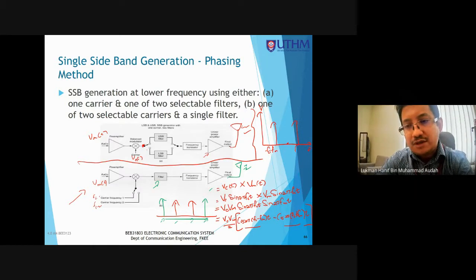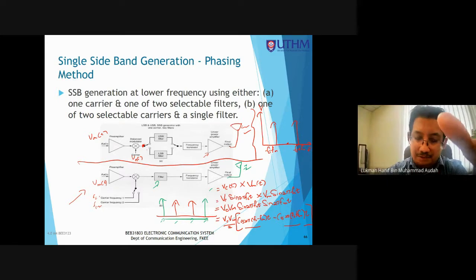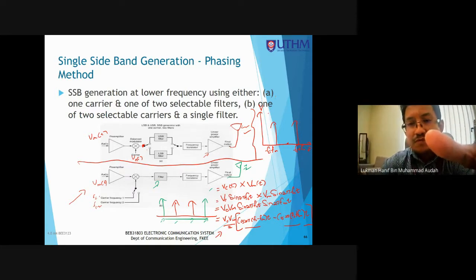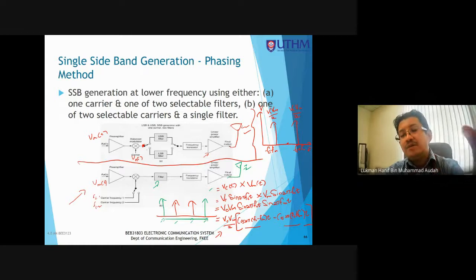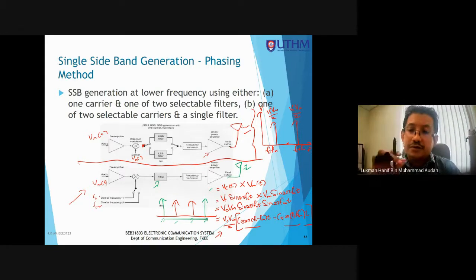Okay, FC plus FM. Okay, what about the amplitude? The amplitude is this one, VC VM per 2. So dia bukan VM per 2, dia jadi VC VM per 2, lagi besar. Okay, VC VM per 2.